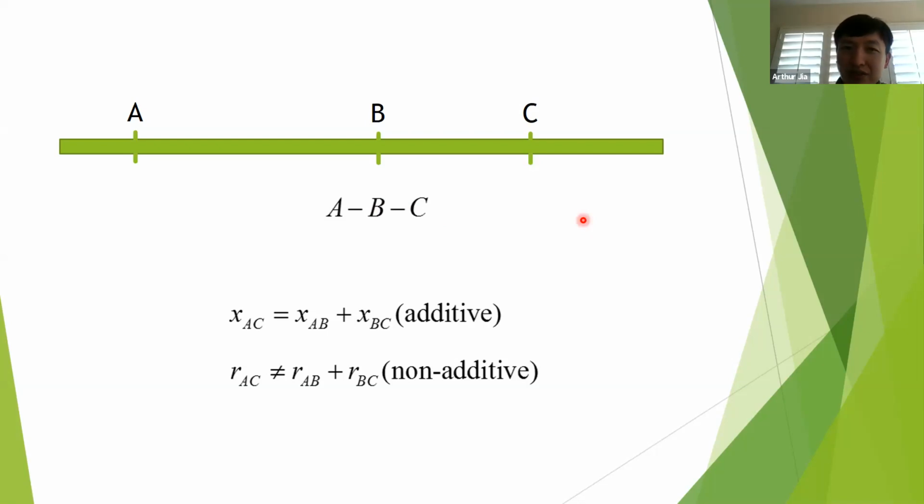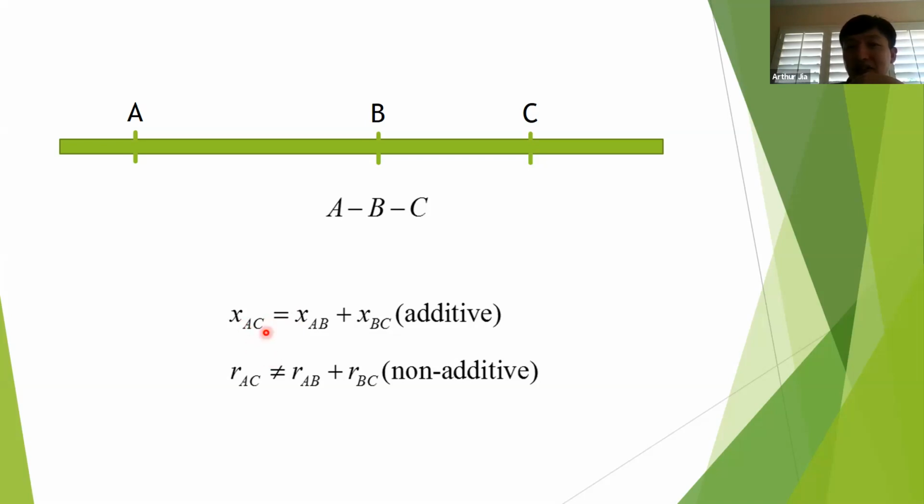Suppose this is the real situation. So A, B, and C are linked like this. And as I just mentioned, if we use this map, this X represents the number of crossing over. So this is one way we can use to measure the genetic map distance between A and B, or B and C, or A and C.